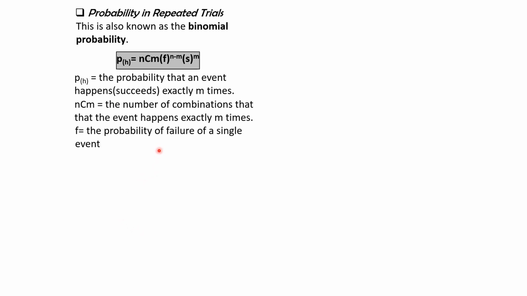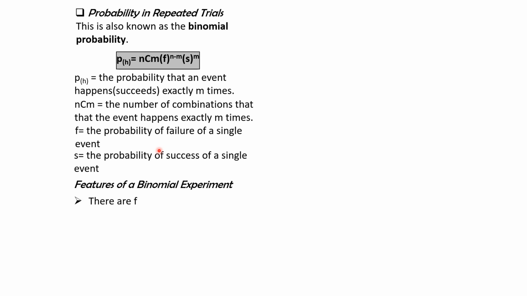These are the features of a binomial experiment. There are a fixed number of trials. The N trials are independent and repeated under identical conditions. Meaning to say, for each trial, the probability of failure and the probability of success remain the same. Then each trial has only two outcomes.